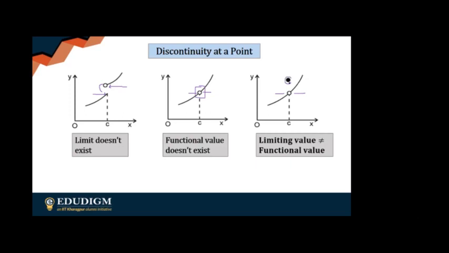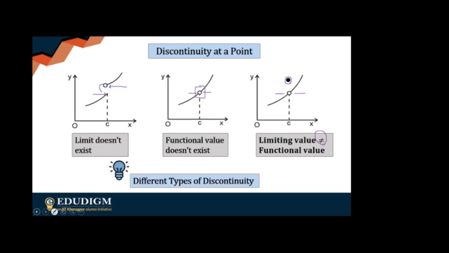Also there's this functional value, but they are not equal. So whenever a function is discontinuous at a particular point, there might be different reasons behind this discontinuity. Now these different reasons will actually pave our way to the different types of discontinuity.